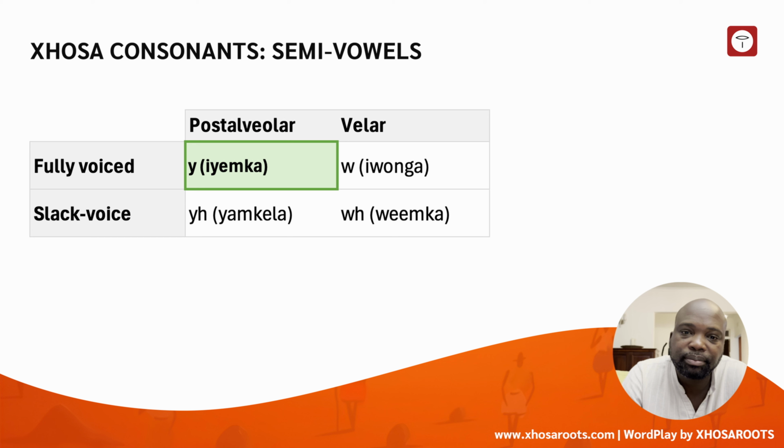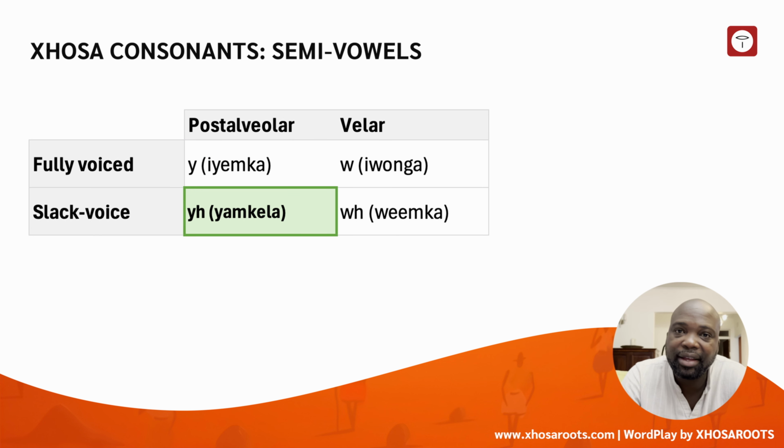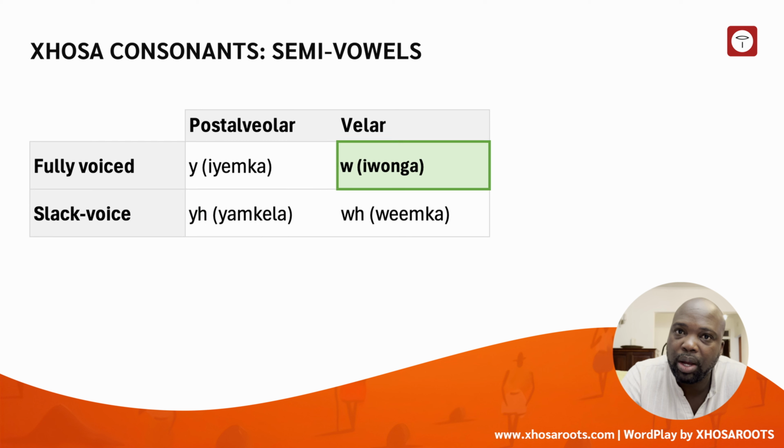Iemka. And the slack voice version is yamkela, yamkela, accept or welcome, yamkela. And then the velar semi-vowel, the fully voiced version is wa.